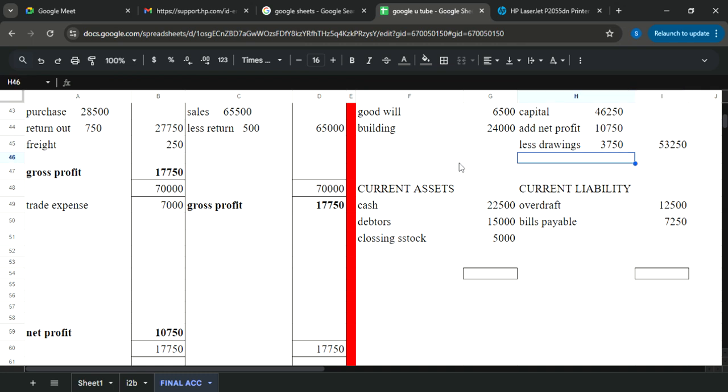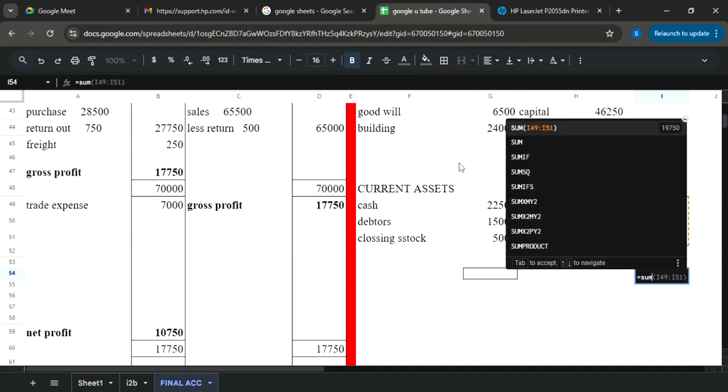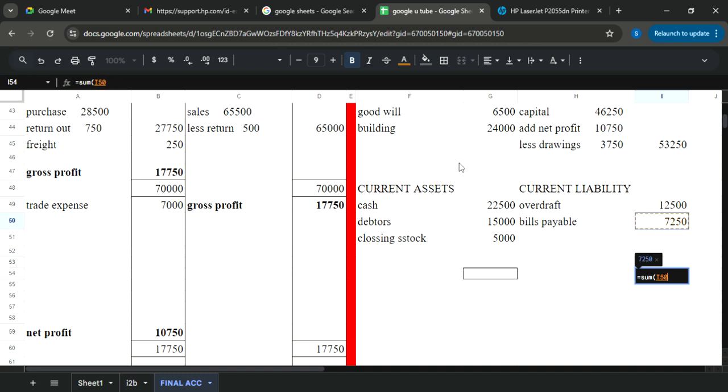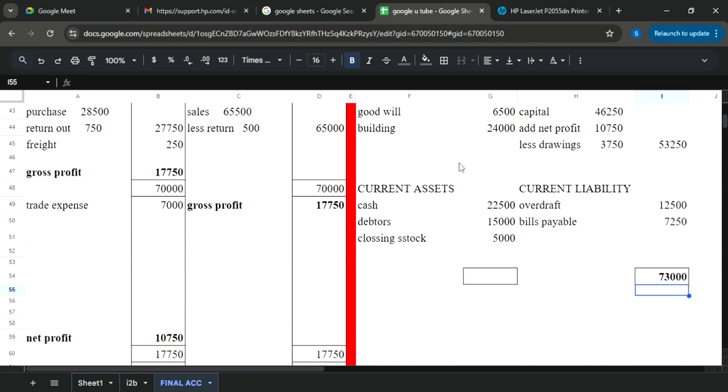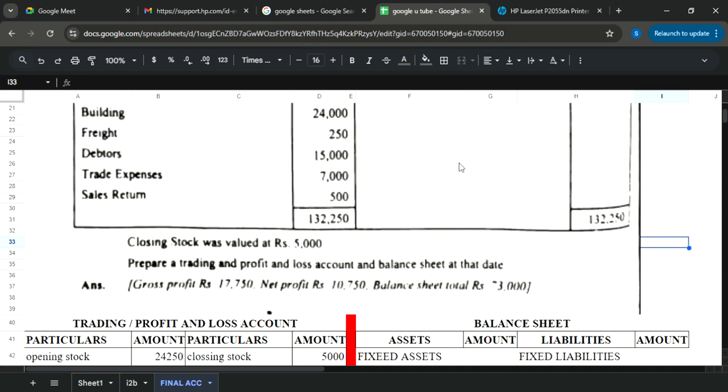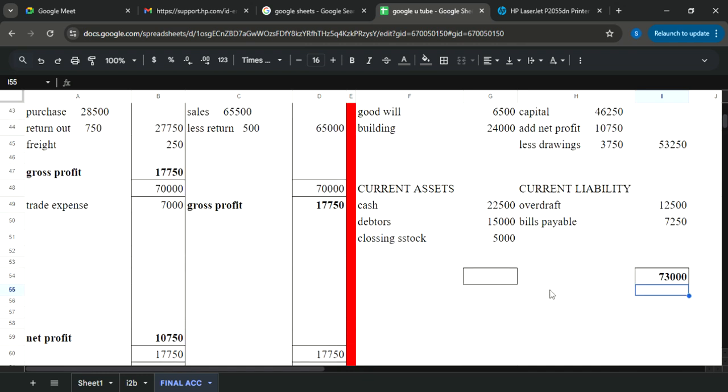We have got this amount, the final answer, and now we are going to calculate the total of the liability side, including current and fixed liabilities. You will simply take the sum of all the amounts present over here. Three amounts are there. So we have got, look here, the balance sheet answer is 73,000, and our liability side is correctly calculated and the amount is matched with the answer.